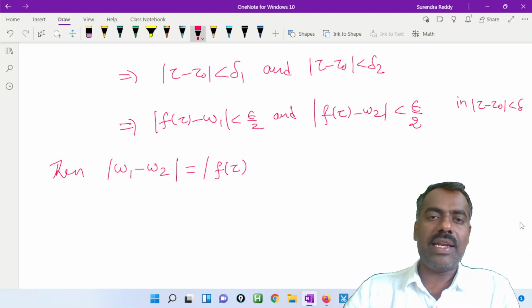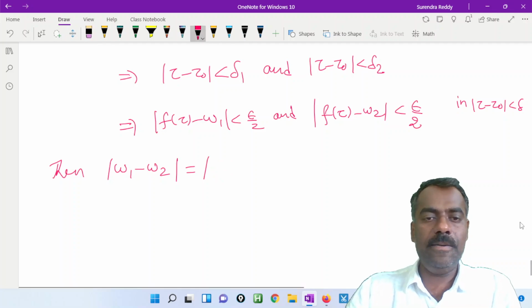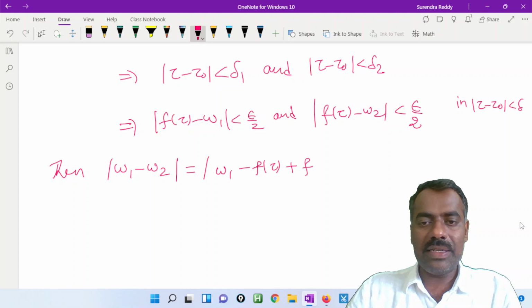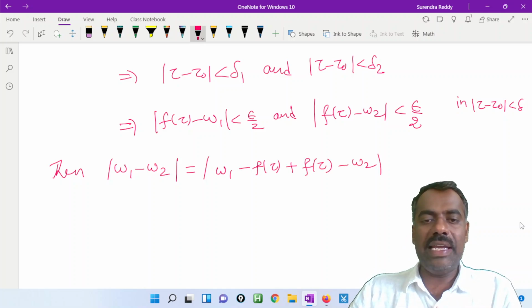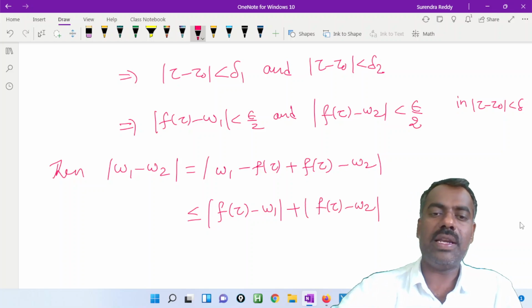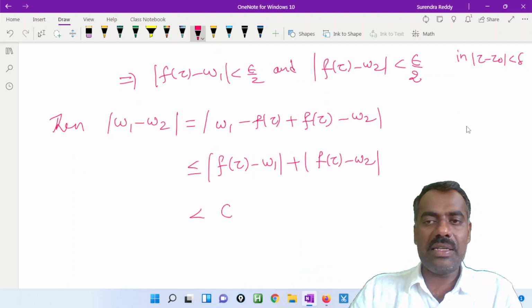So I can write this as w1 minus f of z plus f of z minus w2, but then applying triangle inequality, you will get f of z minus w1 plus f of z minus w2, which is less than epsilon by 2 plus epsilon by 2, which is equal to epsilon.